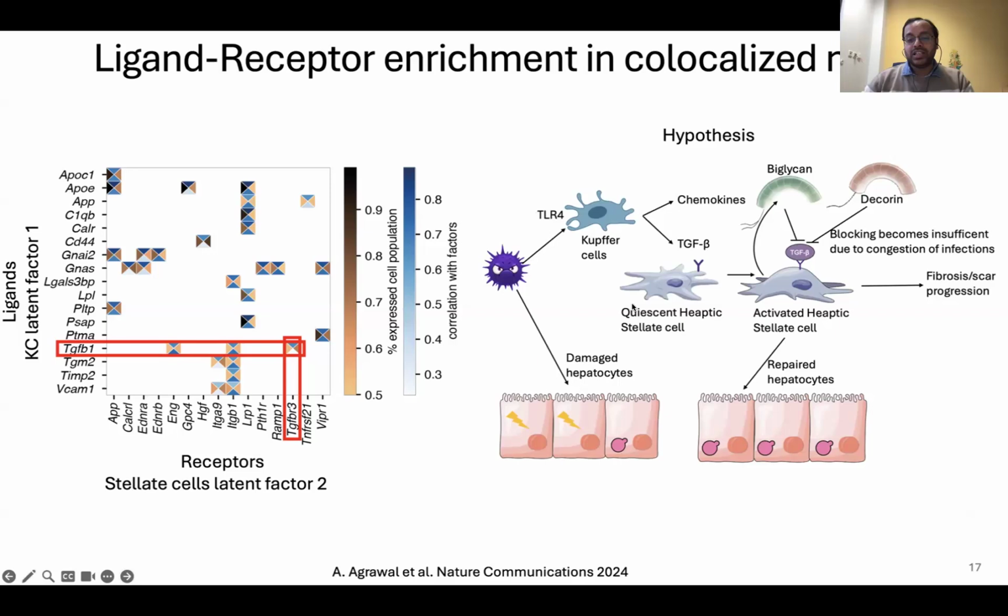From our hypothesis, we propose that when bacteria or infection come, this Kupffer cell, which is also called macrophage, senses this bacteria and activates this hepatic stellate cell pathway through TGF beta, and they repair it. But in chronic infection, where the infection keeps happening, this pathway becomes insufficient, and this decorin and glycan can regenerate to fibrosis.